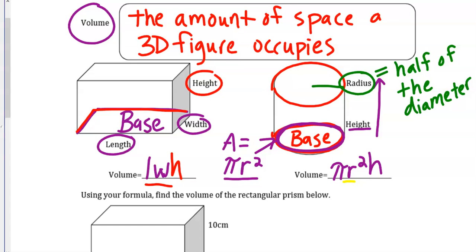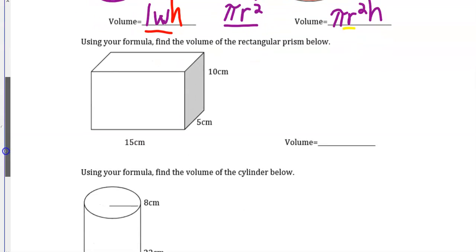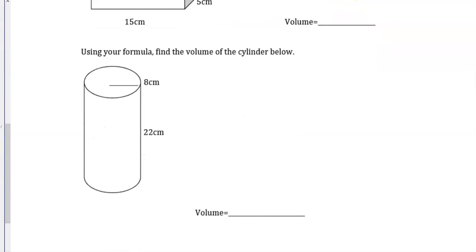Okay, now that we have a formula for finding the volume of a cylinder, let's apply it to the example at the bottom. So down here, we have our example. We're going to write our formula, which is volume equals, again, the area of that circle, pi r squared, and then we're going to multiply that by the height.